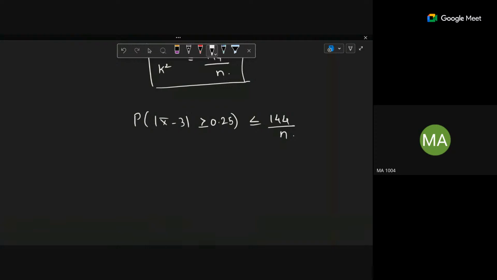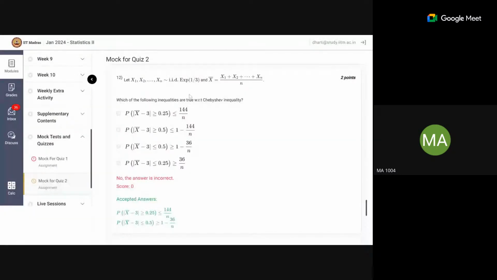Out of the options, which options are there? First one. But we have to check another option also where they have used 0.5 instead of 0.25. So out of options 1 and 4, option 1 is correct, right? Now let's check the other option, 0.5.